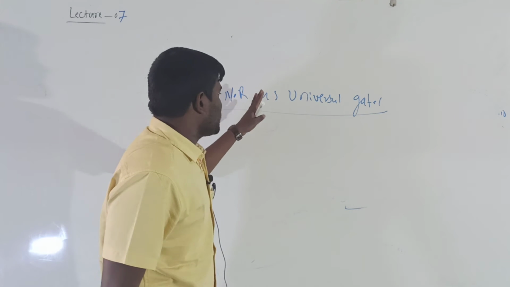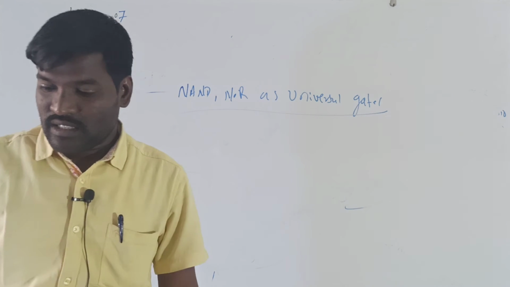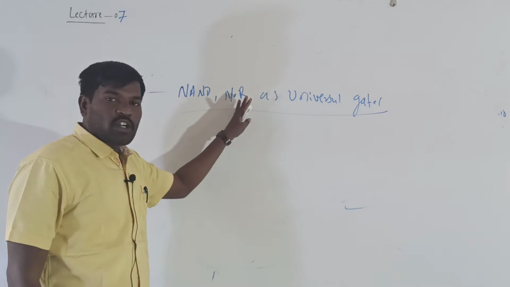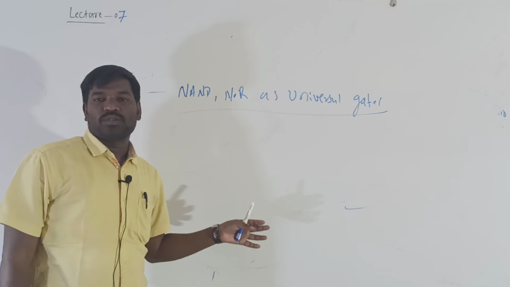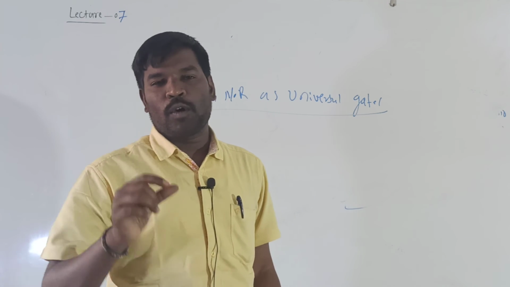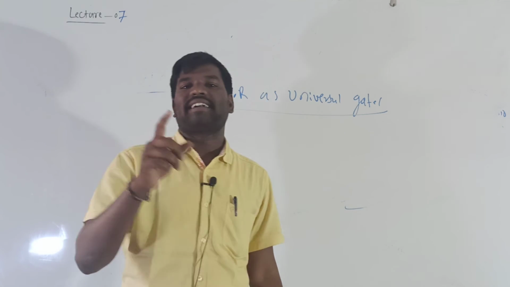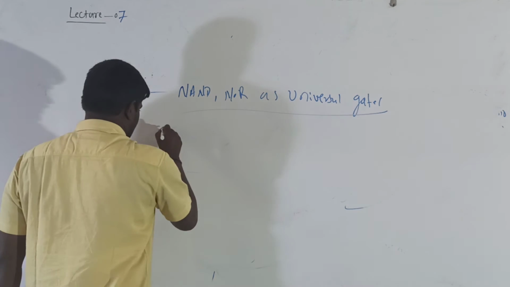So NAND and NOR gates are called the universal gates. Okay. So with respect to the NAND and NOR, we can derive the gates using NOT and OR. With the help of NOR gate, we have to draw the circuit for NOT and OR. Okay. So now is NAND to NOT logic.